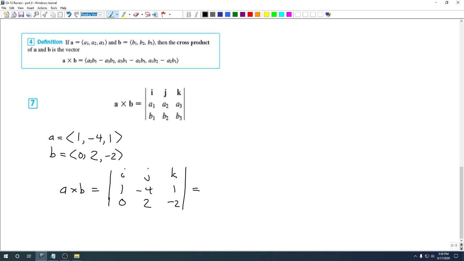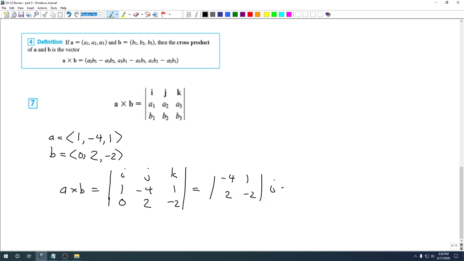If you remember the cofactor expansion of the determinant, we basically look at this i, remove the first row and that first column, and then we multiply by the determinant of what's left, so the -4, 1, 2, -2 times i.